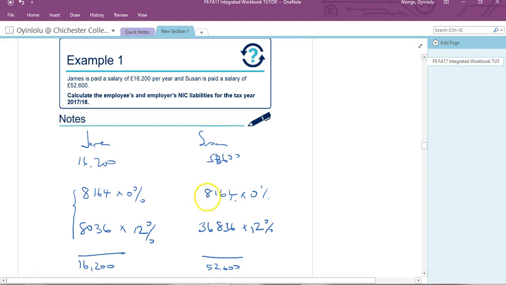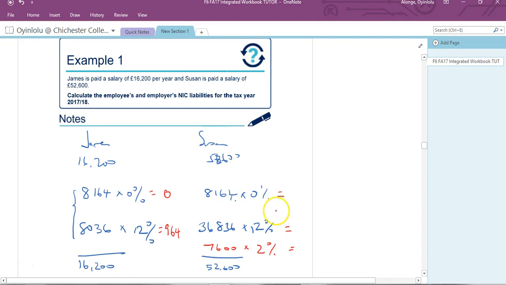So we have the first 8,164. Now we're at the 45,000. So it's anything over the 45,000. So that's the 52,600 minus 45,000, which takes us to 7,600. So the 7,600 will get taxed at 2%. You literally need to work these out. This is 0, of course. This comes to 12% times this, on the calculator, that comes to 964.